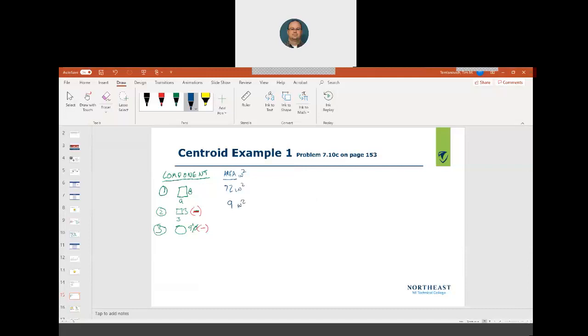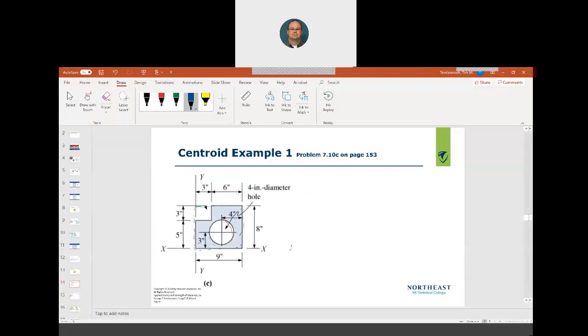Now, remember that little 3 by 3 area is air. This little 3 by 3 area here is component 2, and component 3 is the big circle. It's air, so we want to subtract that.